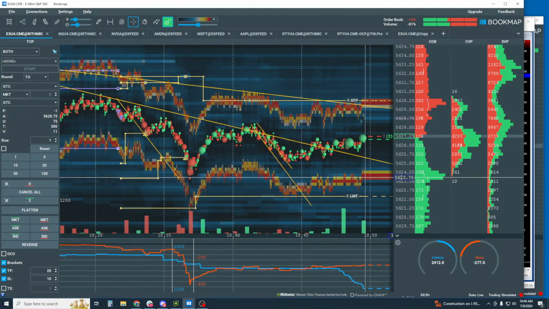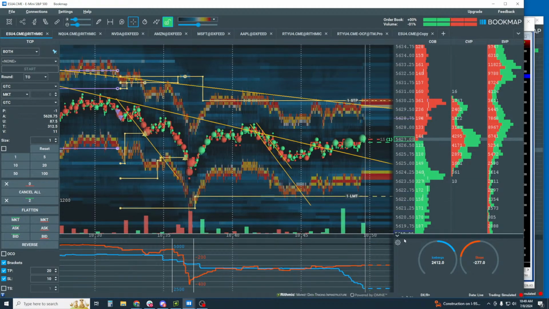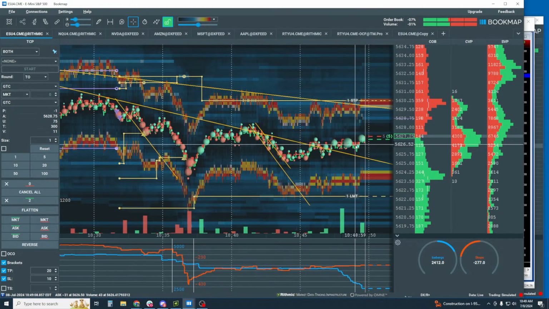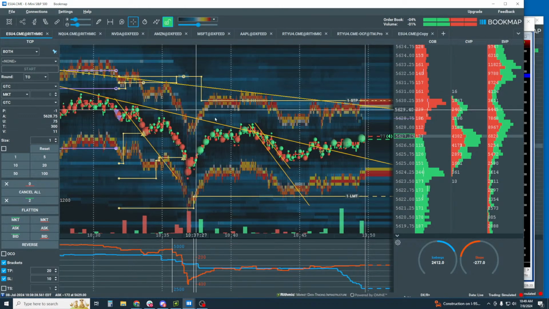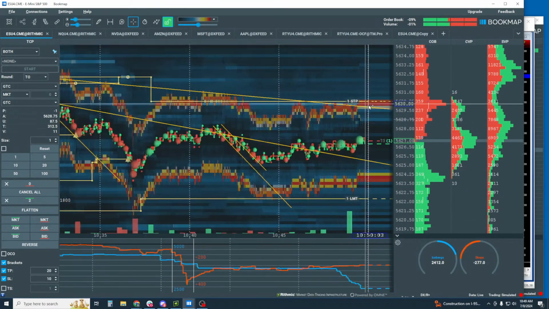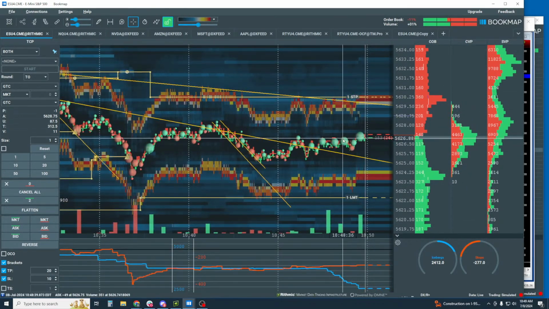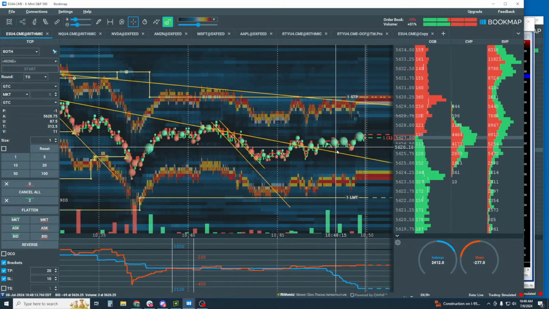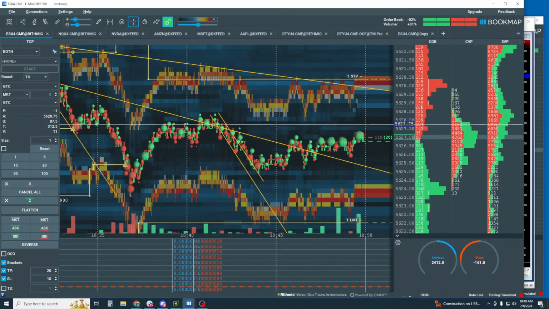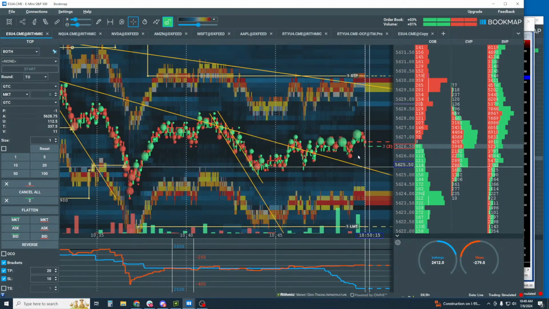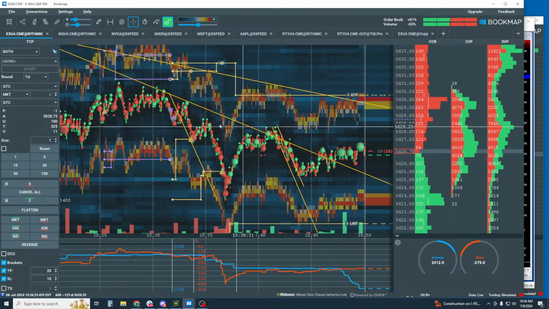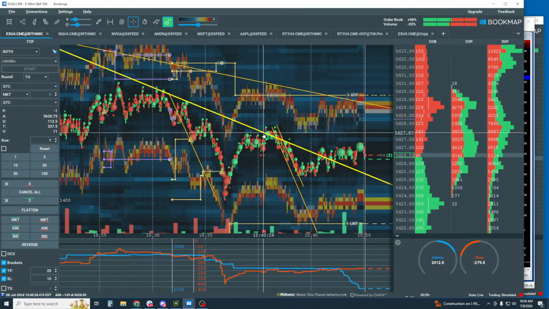But this is where we never know if all of a sudden we just might get a tremendous amount of buying and it pops up and stops us out on the third contract here. But right now, the market structure has not broken. We do see a lot of buying coming in, but it has not broken the structure, right? We're sticking with the market structure here.